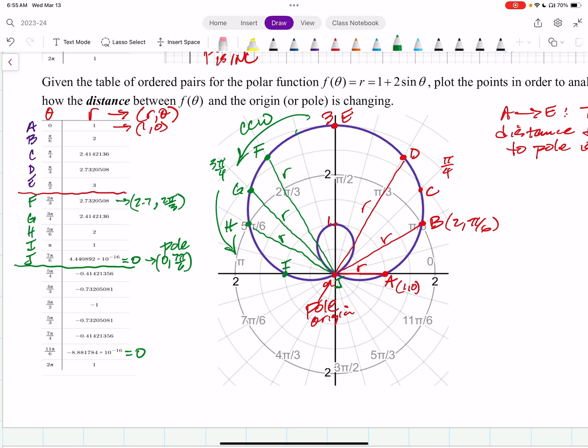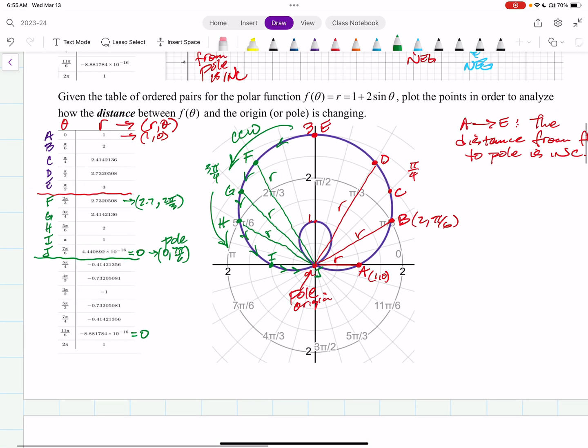If you just cruise along here, oh, I forgot to draw arrows in the beginning. Okay, look at my direction now. You're cruising towards the pole, and at J, you are at the pole. So from E to J, you're going towards the pole.